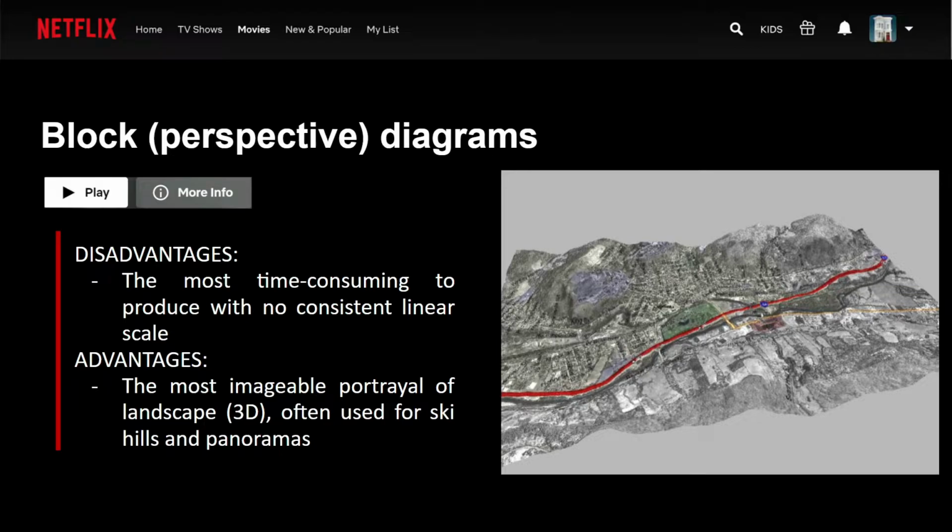But we are basing that on the era before computers were invented. The advantages on this is that it is the most imageable portrayal of a landscape. It is in 3D. It can accurately portray the difference in height of certain landscapes.